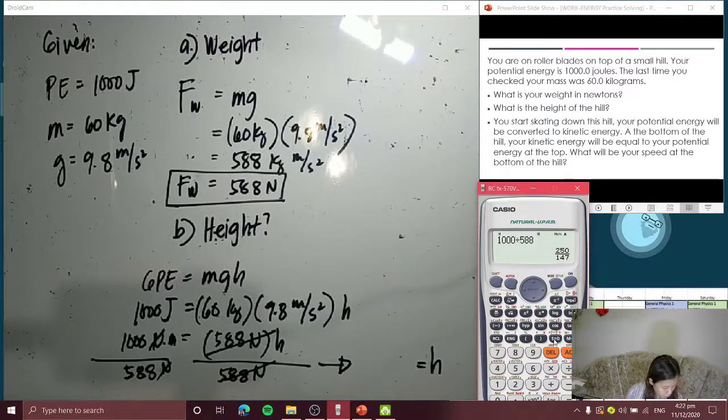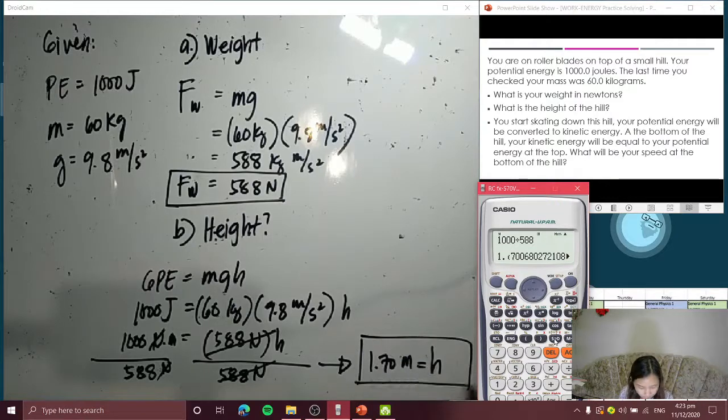That's equal to 1.70. 1.70 meters. So, meaning the height of the small hill that you climbed is 1.70 meters. Okay. So, that is how high it is. Okay. Next.